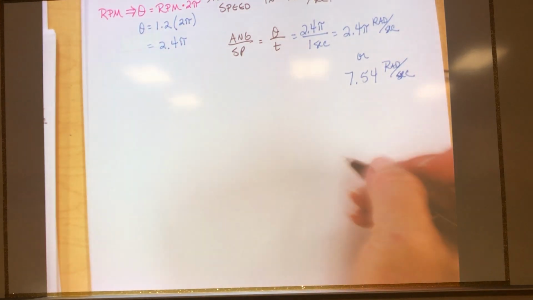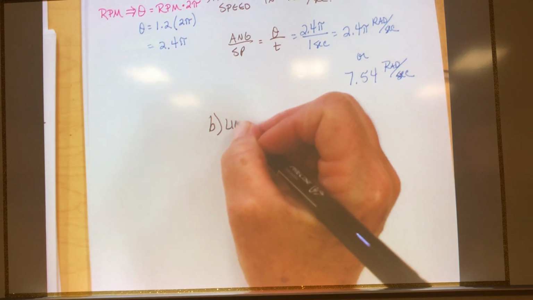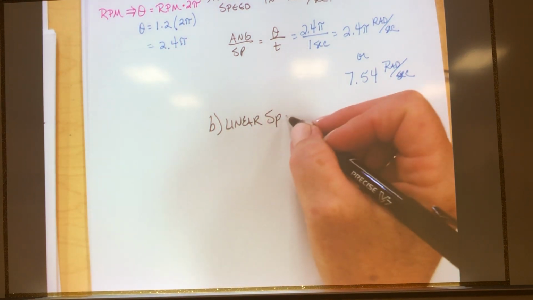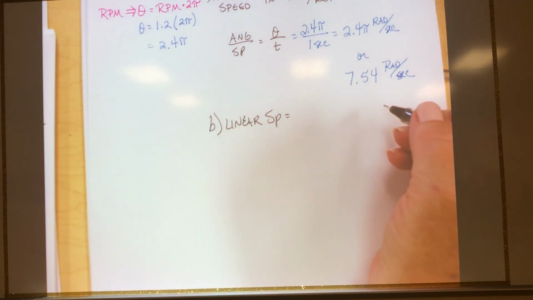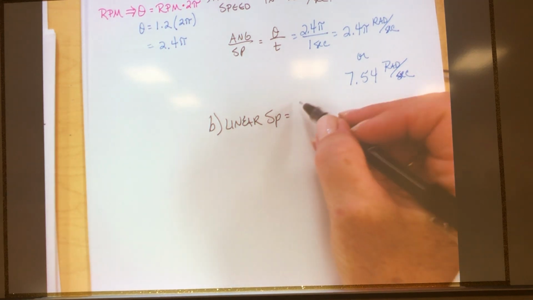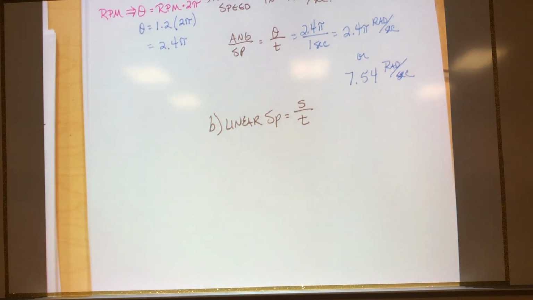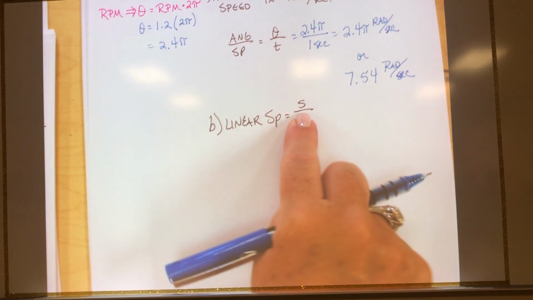Okay, so the next thing they want to know is my linear speed. What's the formula for linear speed? Arc length over time. So, do we know the arc length?